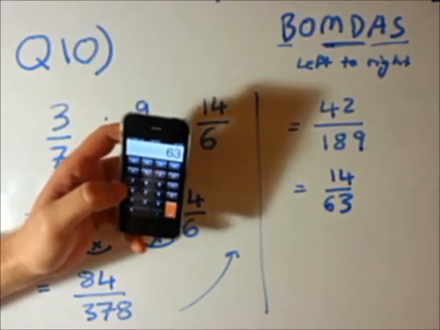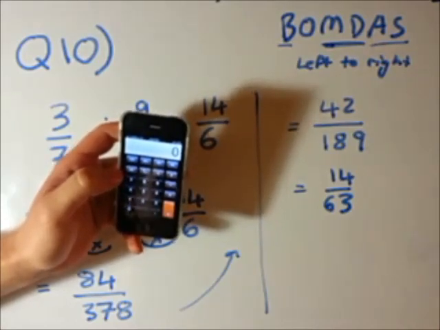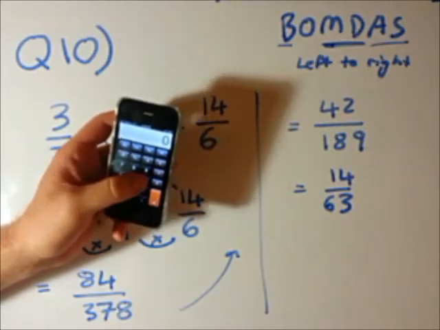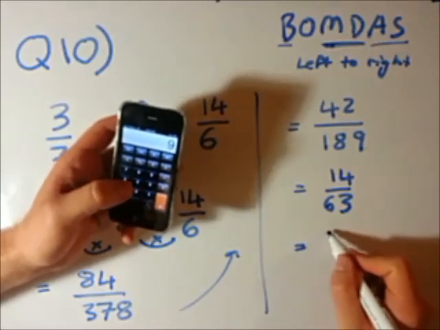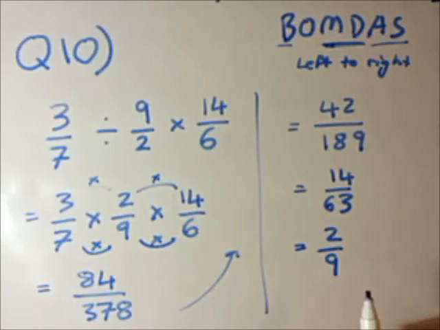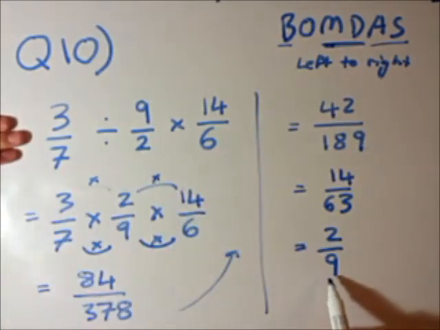Now let's have a look at this one here. I've got a feeling that 7 will go into both of these two. 7 definitely goes into 14. Let's check for 63. 63 divided by 7. Oh, there we go. Beautiful. We've got 2 over 9. There we go. We finally got there. So our answer to this question in simplest form will be 2 over 9.